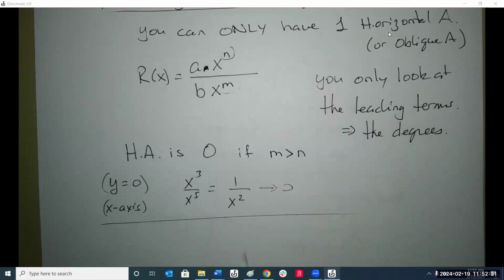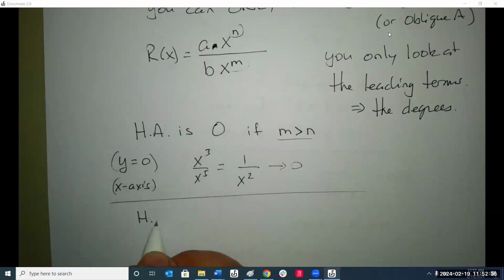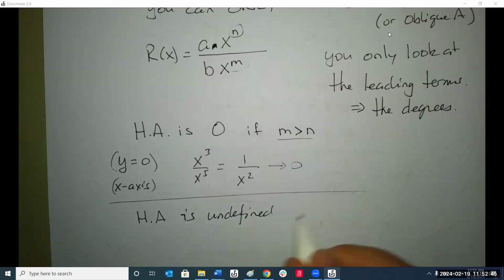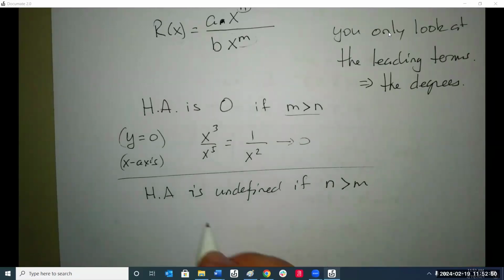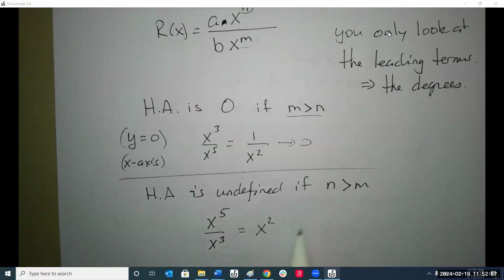If the bottom is bigger than the top, the horizontal asymptote is zero. If the top is bigger than the bottom, as x goes to infinity, this value goes to infinity. So it's undefined.